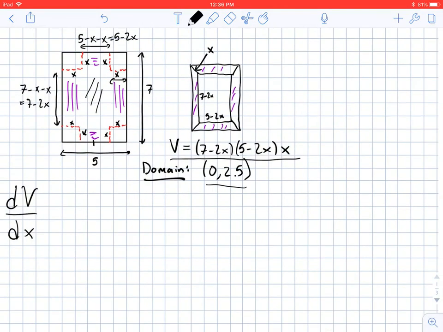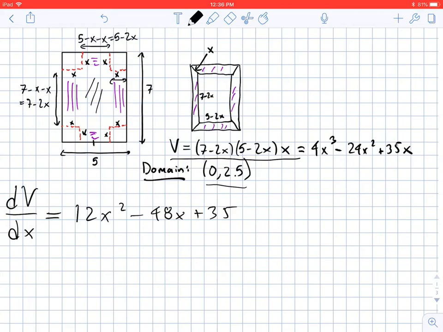If we just distribute this out, we get 4x cubed minus 24x squared plus 35x. The derivative of that is pretty easy. We'll get 12x squared minus 48x plus 35.